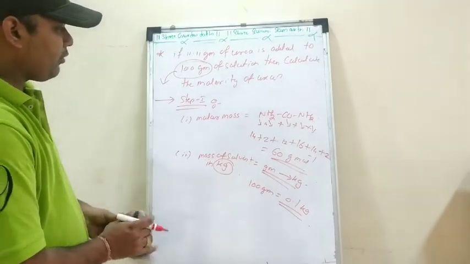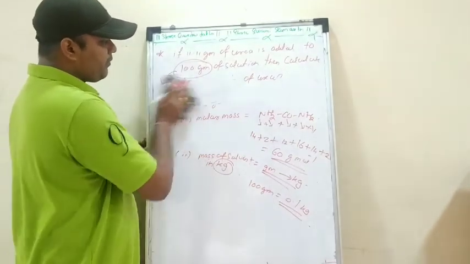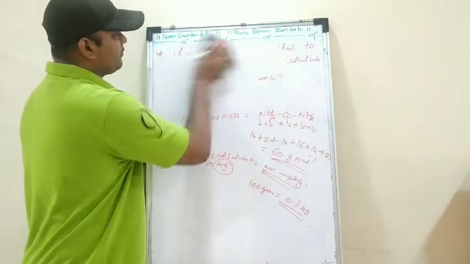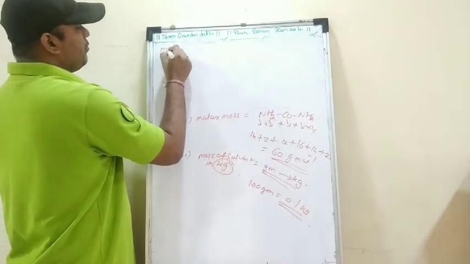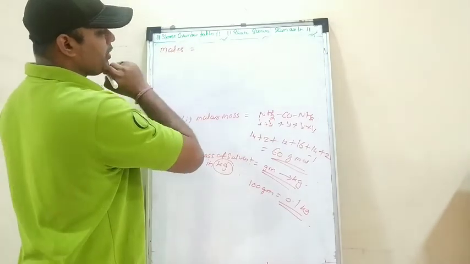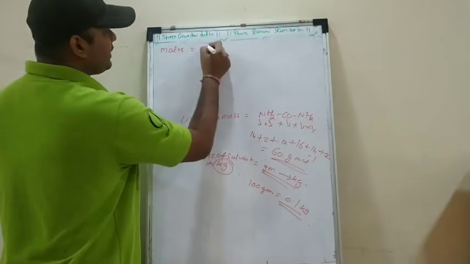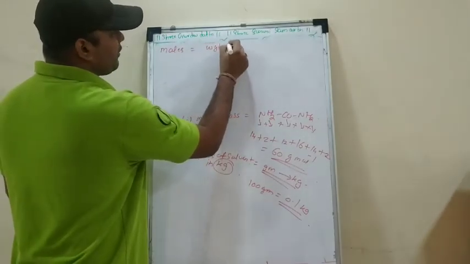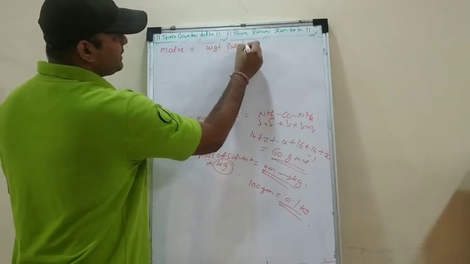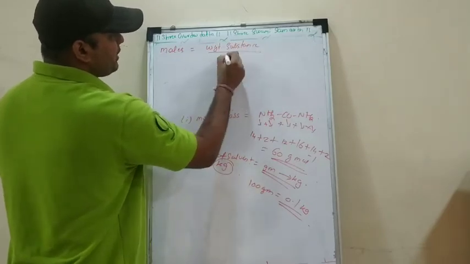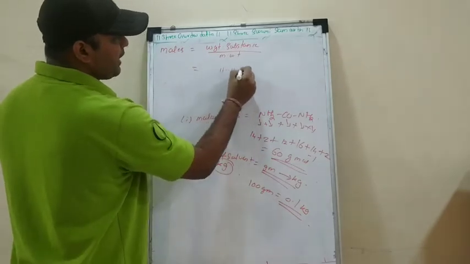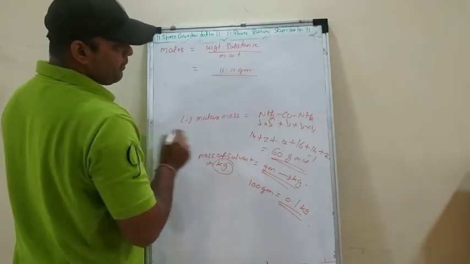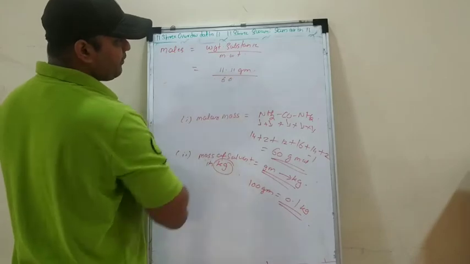Okay, now let's calculate the total number of moles of urea. Moles of urea or total number of moles formula is weight of a substance, that is the given substance, divided by the molecular weight. So what is the given weight? 11.11 gram was the given weight, divided by molecular weight 60 gram, right?